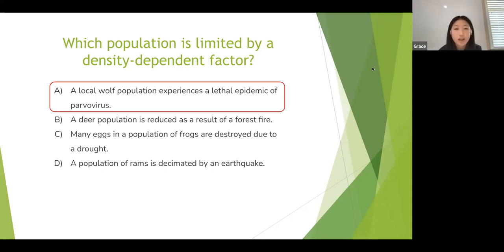It might not be super obvious, but many of you did say A. That's because when this population is more dense, the virus is going to spread quicker and affect more of the population and kill more of them. So it is dependent on the density. Good job to those who said A.